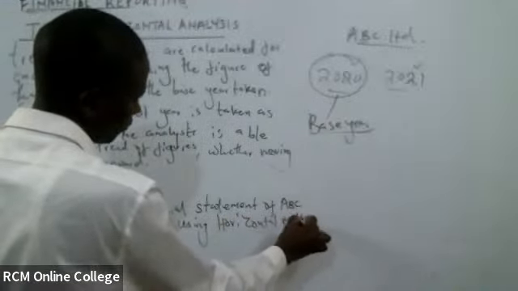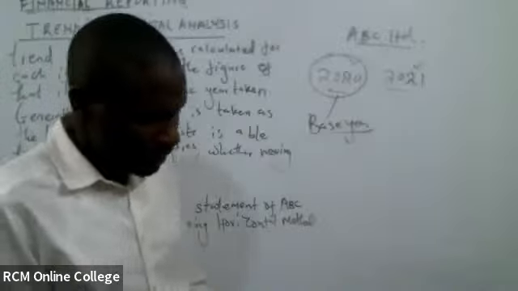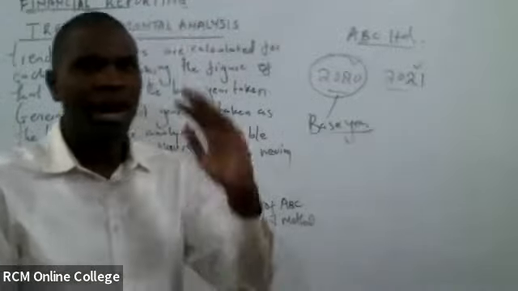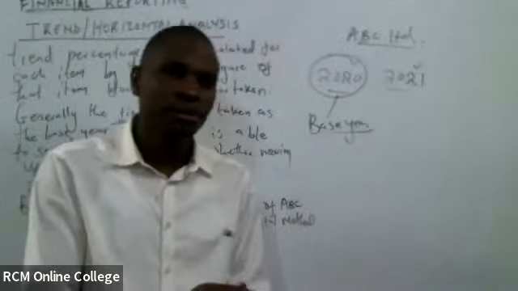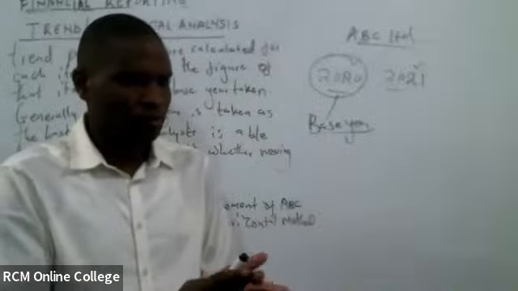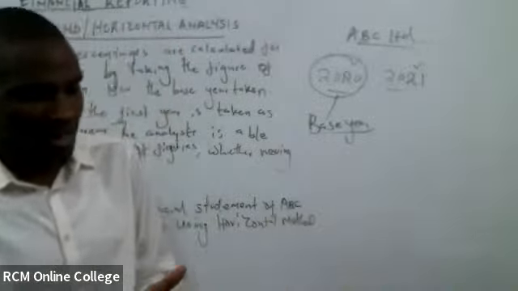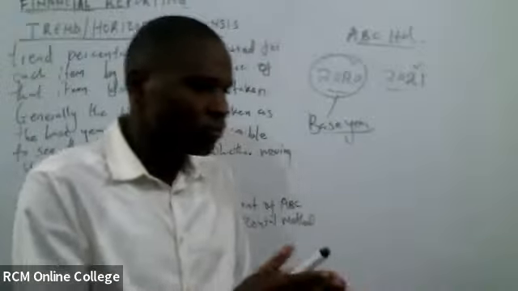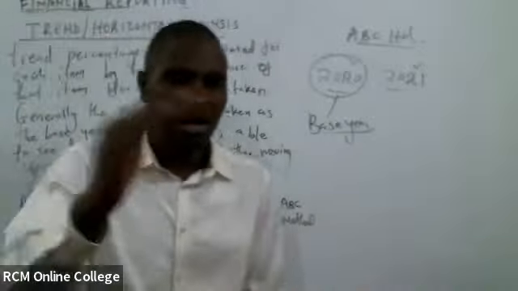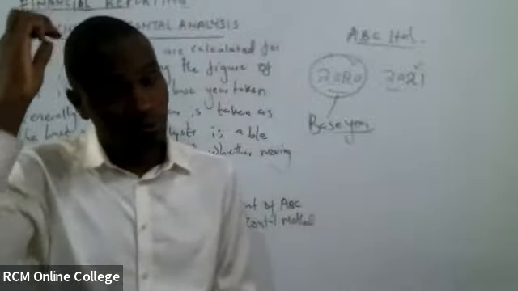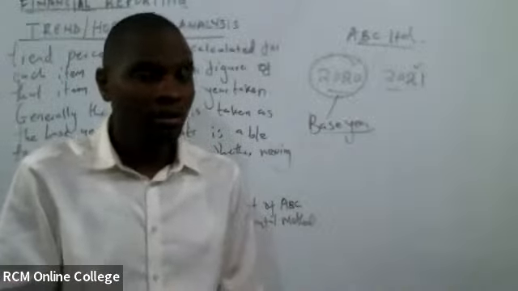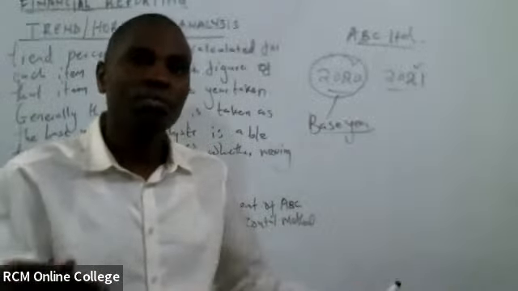By the way, for the vertical analysis, what was the highest percentage that we had? It was that of revenue, right? When we come to trend, you can get even 1,000%.